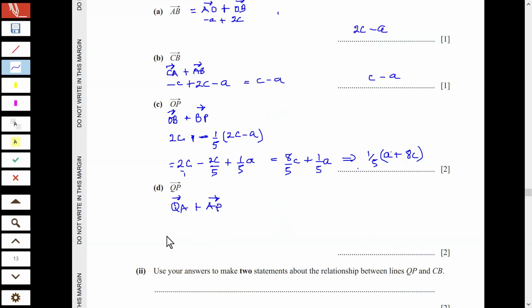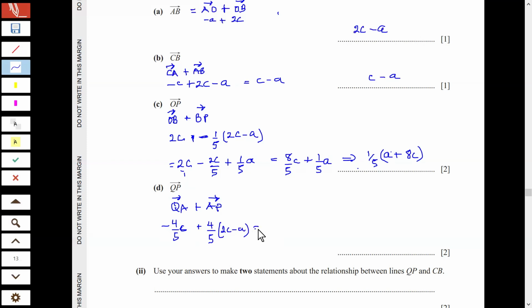We can now replace QA: QA becomes negative 4/5 C. Then plus vector AP, which is 4/5 times 2C minus A.